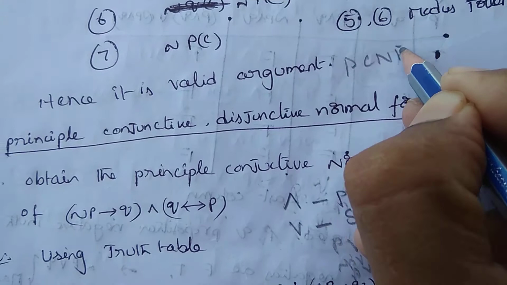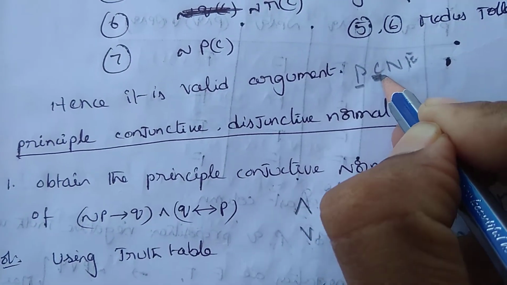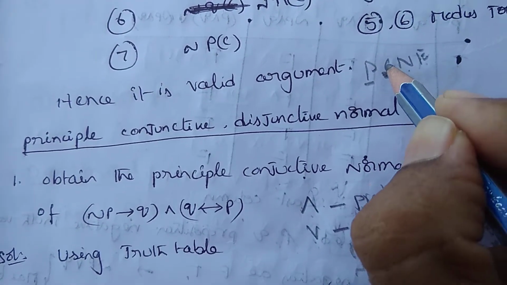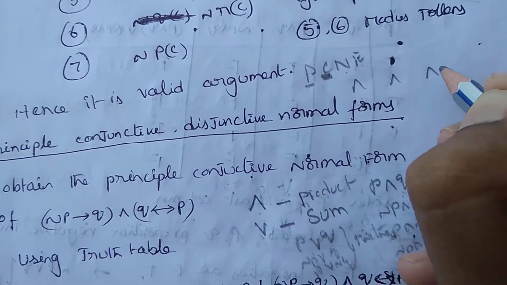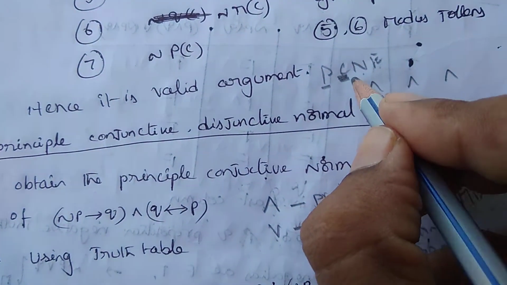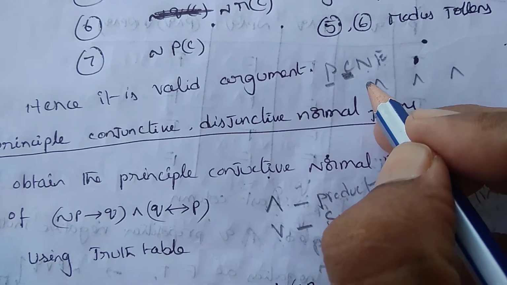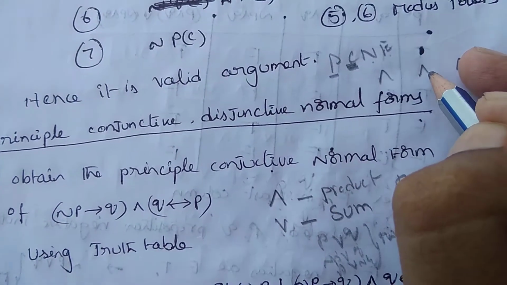Now what is PCNF? PCNF means principal conjunctive normal form. Conjunction is there, so we start reading from conjunction.